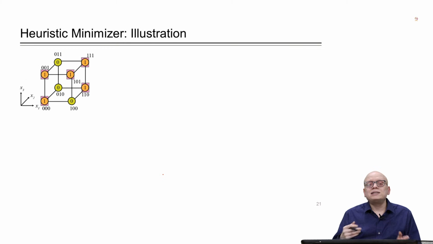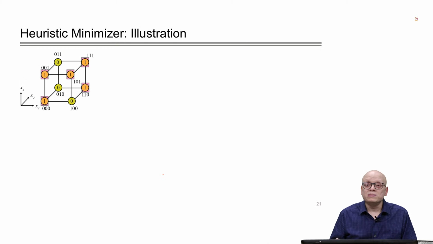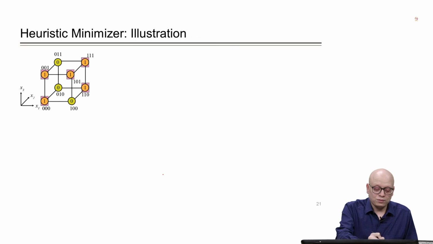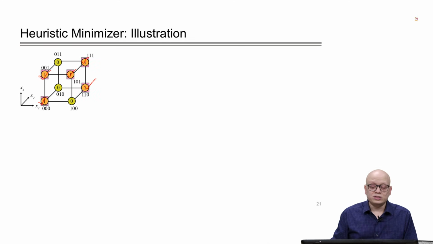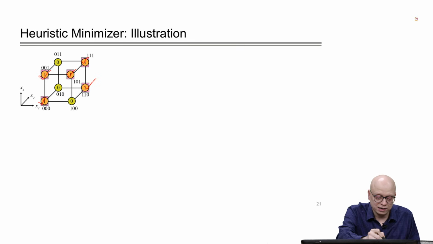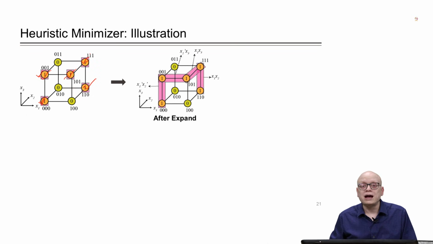Now, let us take an example of how the heuristic minimizer works. Let us take this function in which we have, say, 1, 2, 3, 4, 5 minterms, right, and we start with a solution consisting of only the minterms, the sum of minterms form. So, there are 5 implicants. Now, we apply the expand operator.